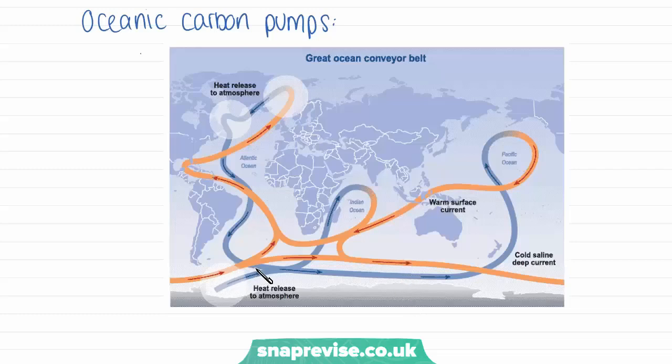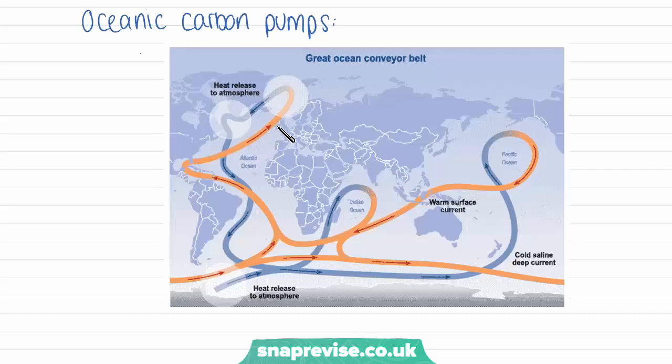Carbon is transported through these ocean conveyor belts because as this hot water circulates towards the poles, it cools when it's in contact with the ice, and because cooler water is more dense, it sinks to the bottom.